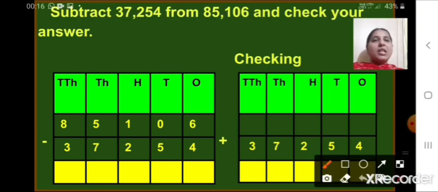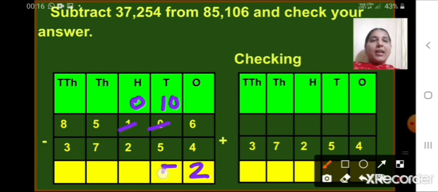So 6 minus 4, 2. Now look at the tens place, children. 0 minus 5, that is not possible. So we'll borrow from the hundreds place. So this 0 will be left here and at the tens place now we have 10. So 10 minus 5, 5.